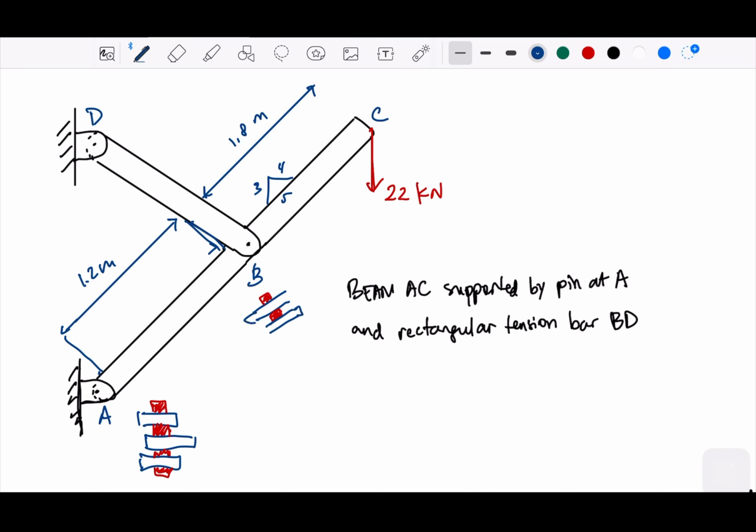So you know that's double and single, right? And then tension bar.